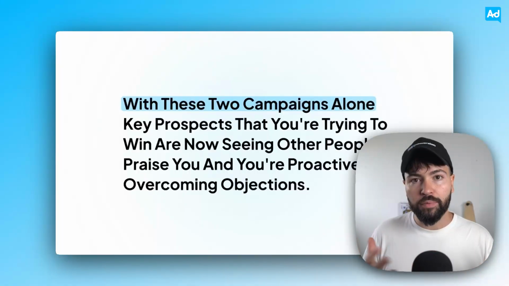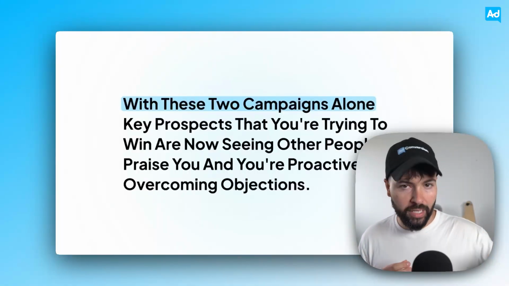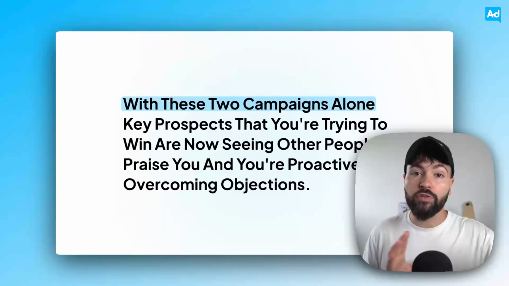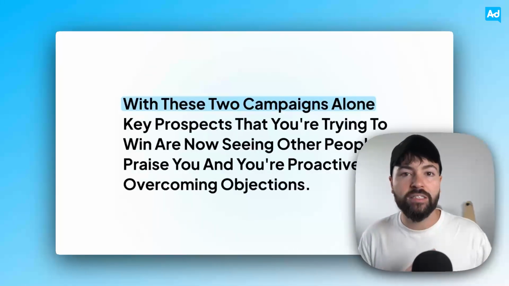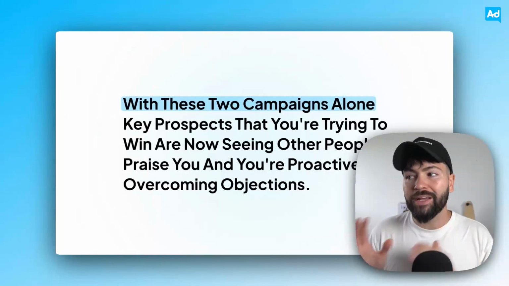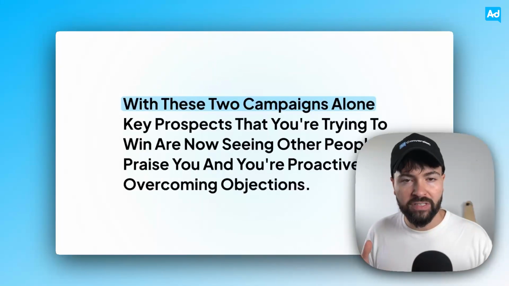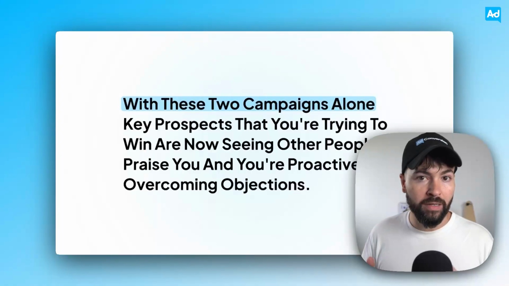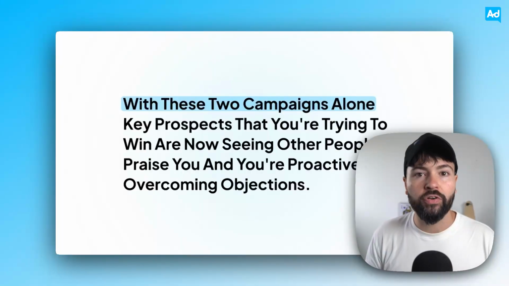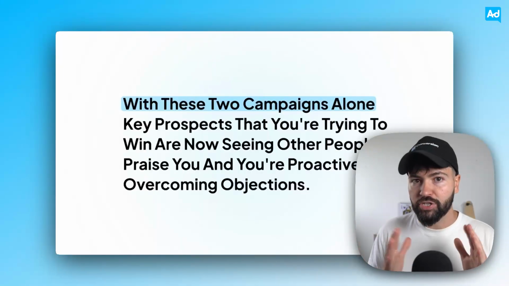So if you're coming up with these objection campaigns and running these unique angles, you could really help further educate those prospects as they're in the sales process. And especially when you're enterprise, perception is reality. If they see you more often, they're going to perceive you as bigger than you might be, and you can use that in your favor to improve the win rate and shorten the sales cycle.